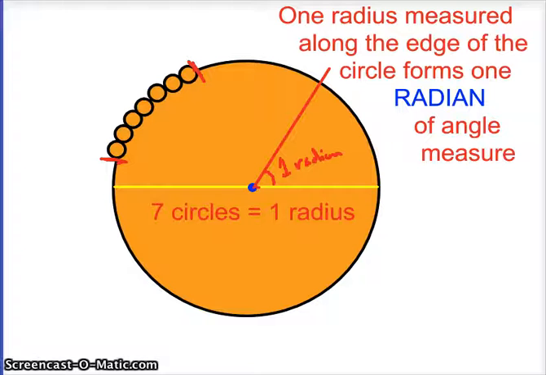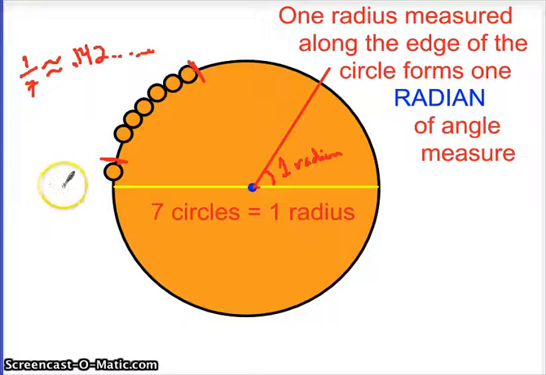There's 3 radians. And you'll notice in that last little gap before we get halfway around the circle, we could probably fit maybe 1 more circle. And if we throw it in our calculators, we'll realize that that 1/7 of one of those circles is approximately 0.14, I believe 0.142, and a few more decimals going onwards, which makes us kind of remember, well, 3 full radiuses and 1/7 will come out reasonably close to pi.